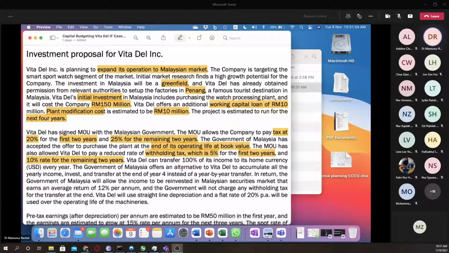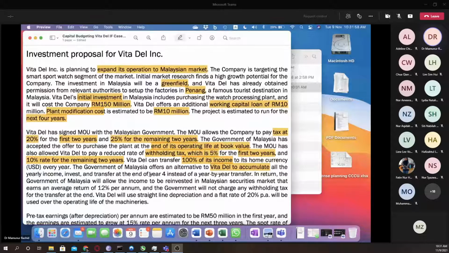Okay, next is Vitadel can transfer 100% of its income, so there is no blockage of fund. It can transfer 100% to the mother company. Okay. The government of Malaysia offers an alternative to Vitadel, to accumulate all the yearly income, invest and transfer at the end of year 4.